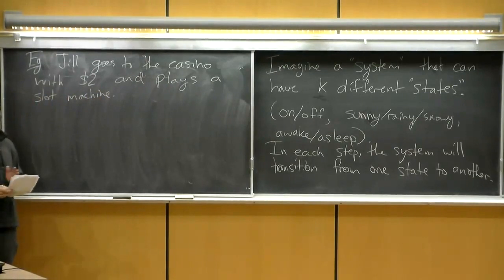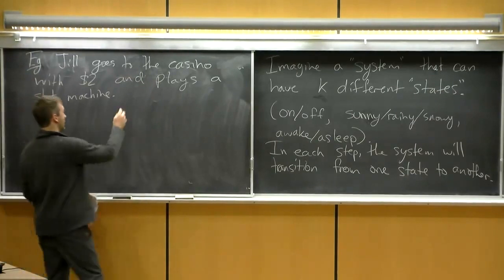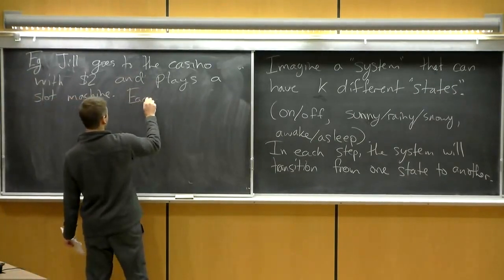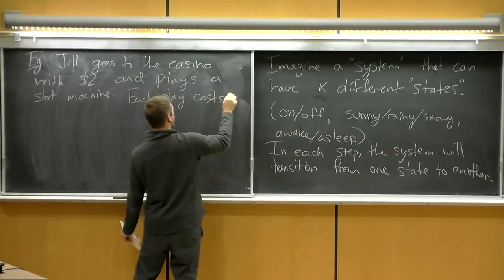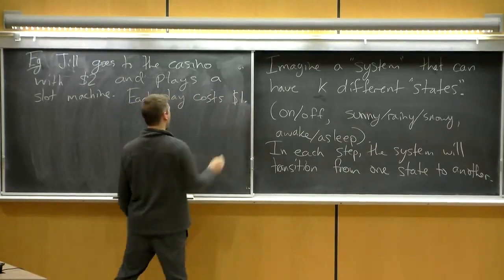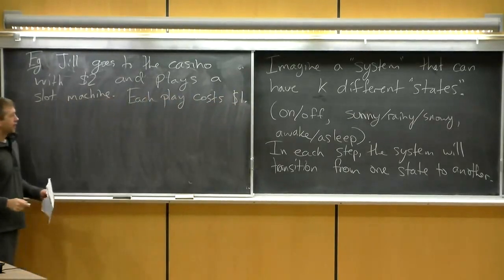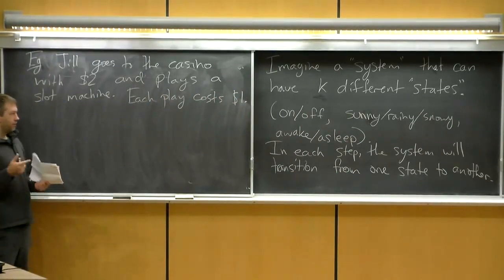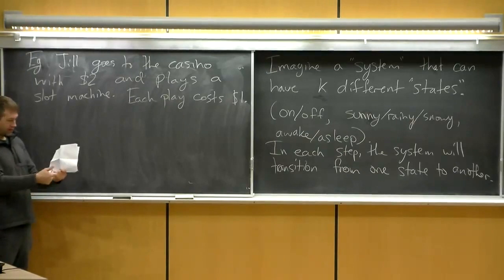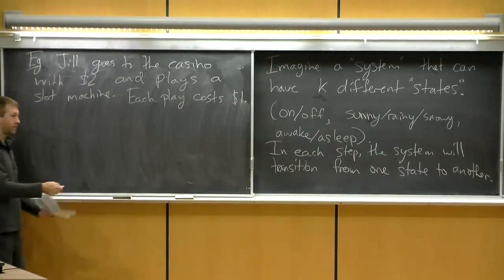And this is like the simplest slot machine in the world, okay? It costs $1 to play. So each play costs $1. Okay, so there's no other options. You just put $1 in the machine, and 45% of the time, it gives you $2 back.